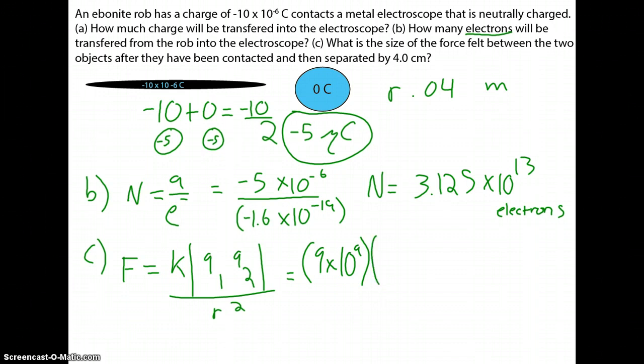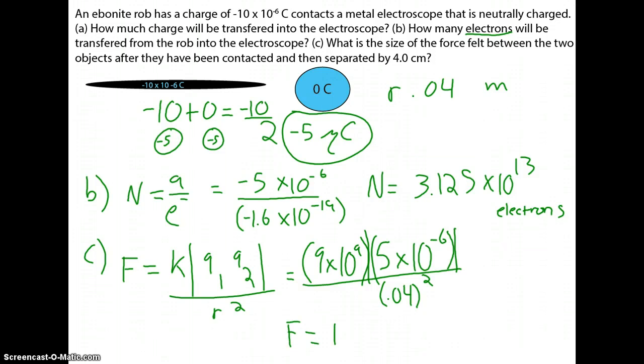And then you take the charge, 5 times 10 to the negative 6. Now, it wouldn't be negative because anything inside these bars is positive. So then, you take the 0.04 meters squared, and then you end up getting the force equals 141 newtons. And that's how you figure that type of problem out.